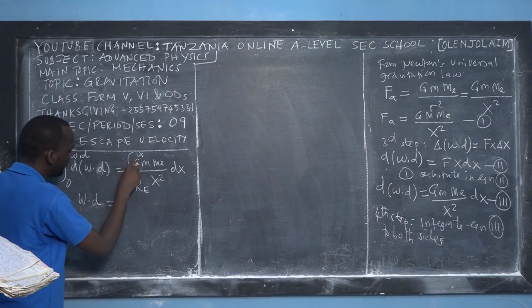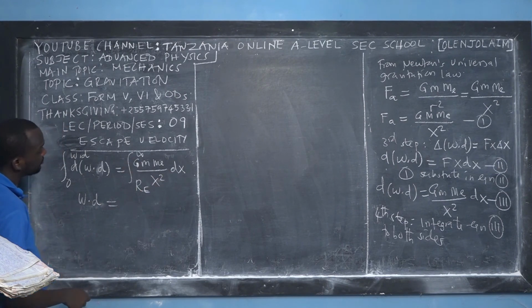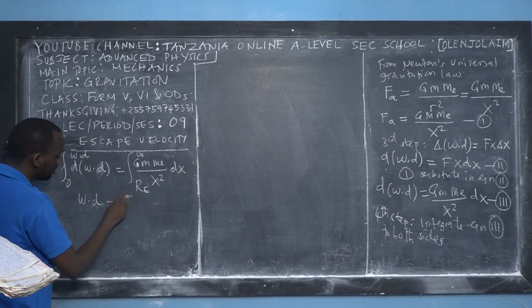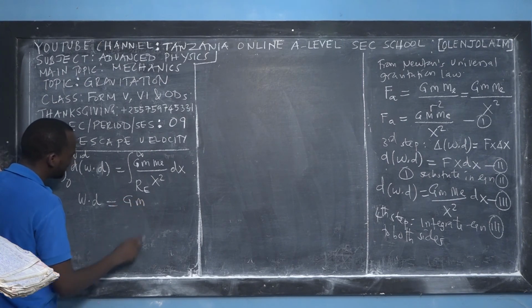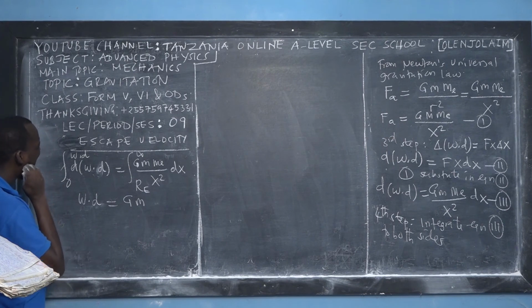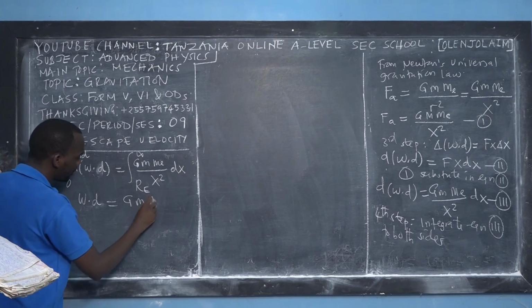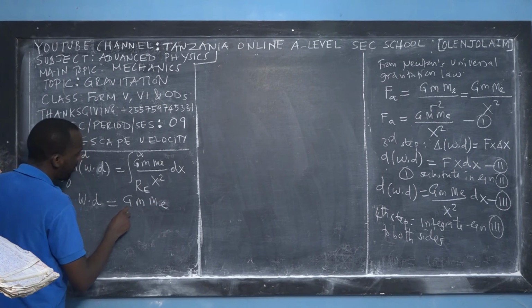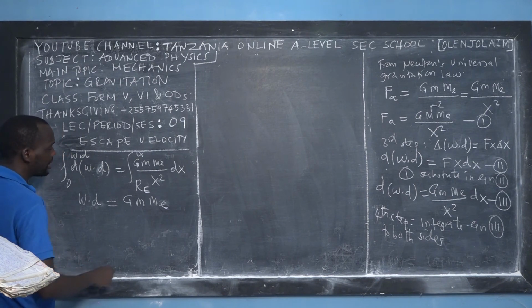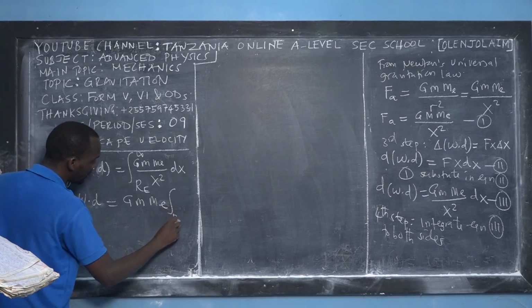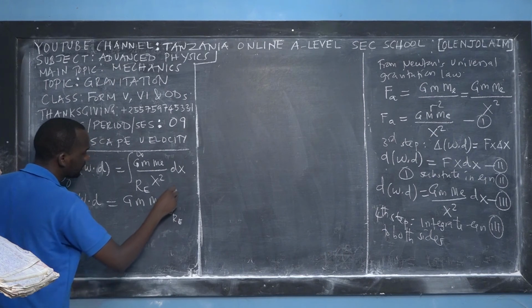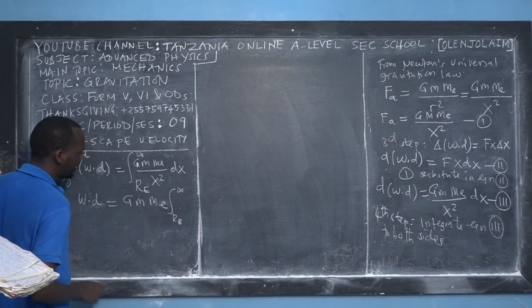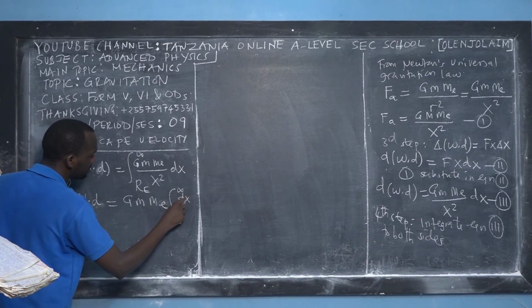Remember that all these numerators are constant. The gravitational constant is constant, the mass of the body m times the mass of the Earth, and this one is constant. The remaining is the integral from the radius of the Earth to infinity of dx over x squared.